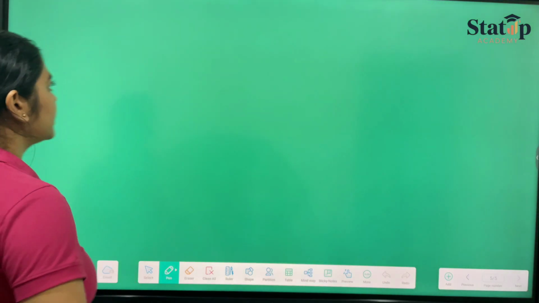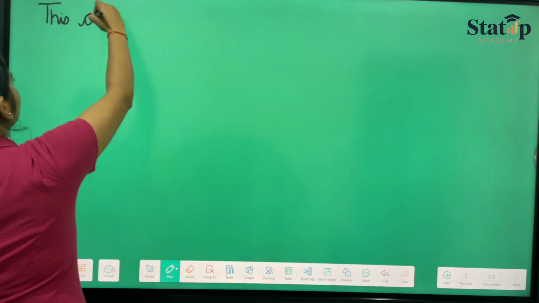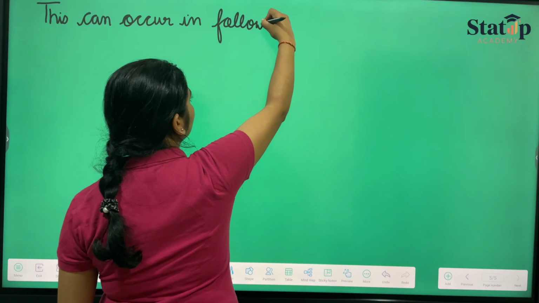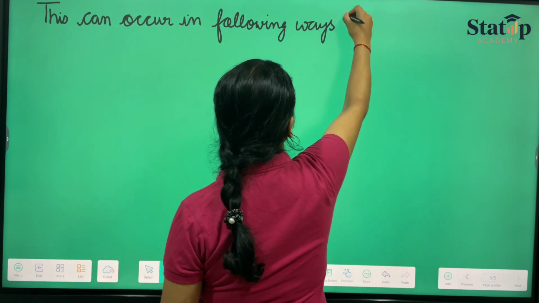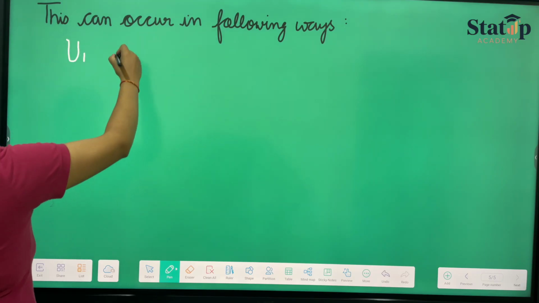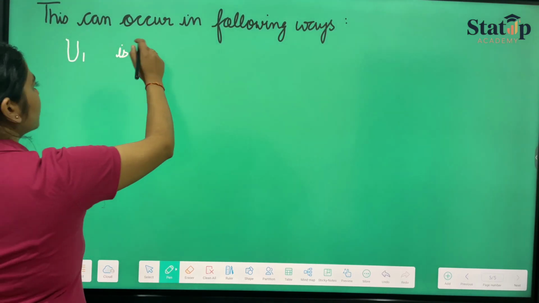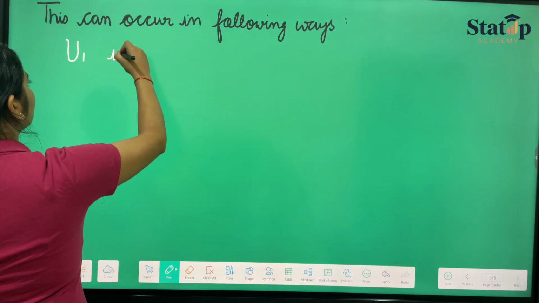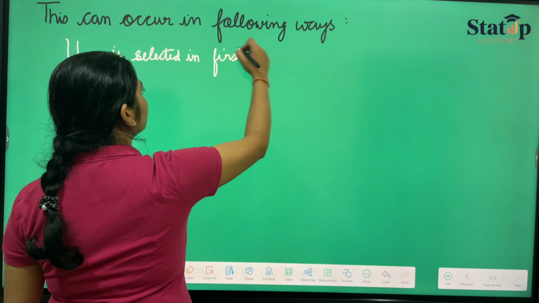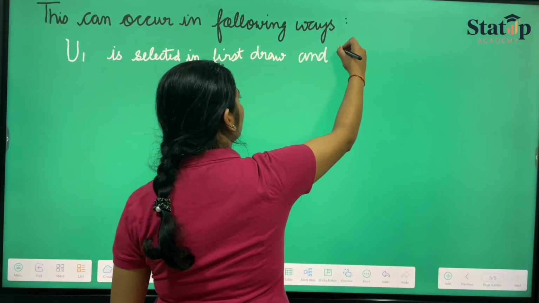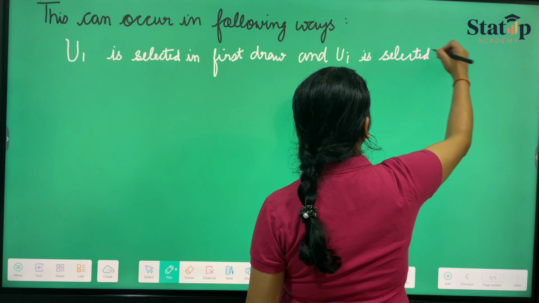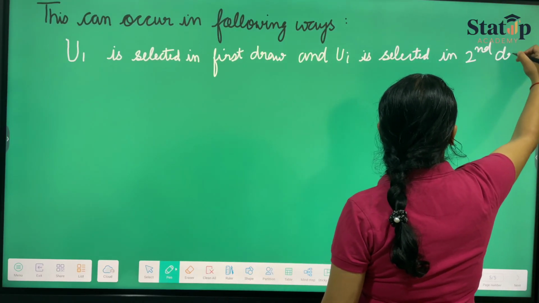Now the probability of selecting ith unit in second draw can occur in the following ways. If we have to select the ith unit in the second draw, first case: U1 is selected in first draw and Ui is selected in second draw.